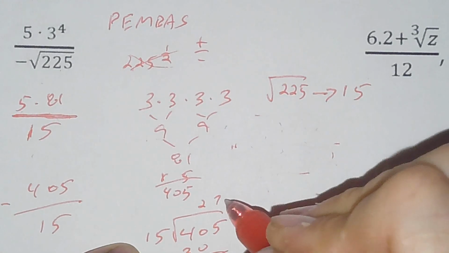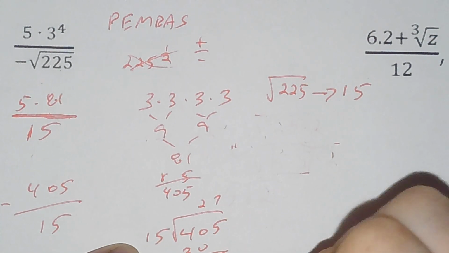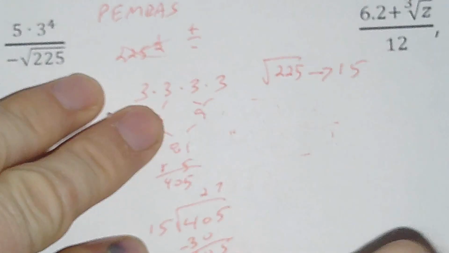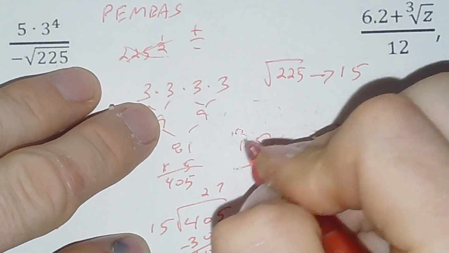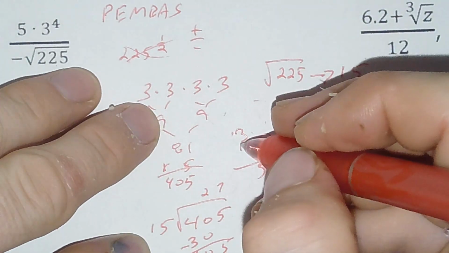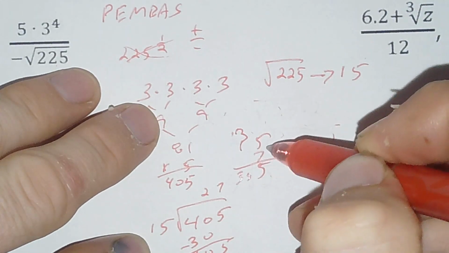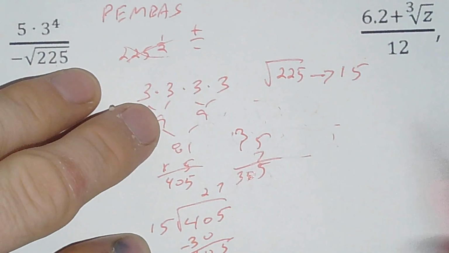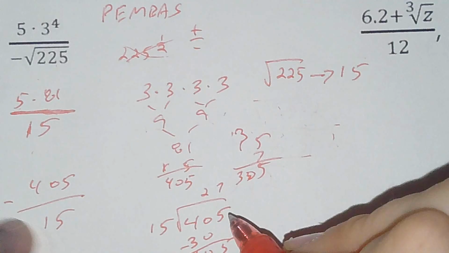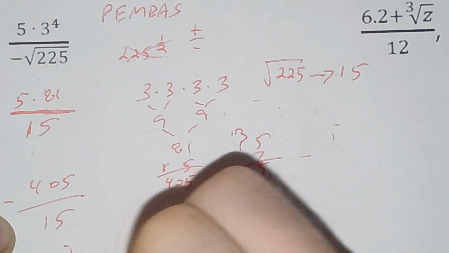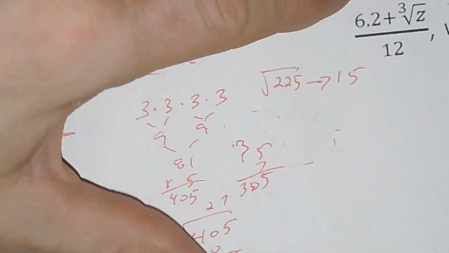So 7 times 15, that's 105, yep. So that's going to be 105. Right, so this is going to be 27. So this equals negative 27. Okay. All right. So then we go over to this one.